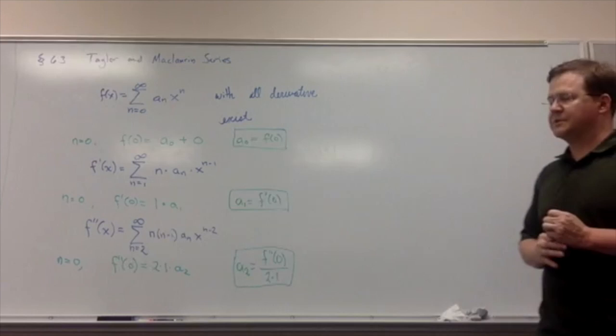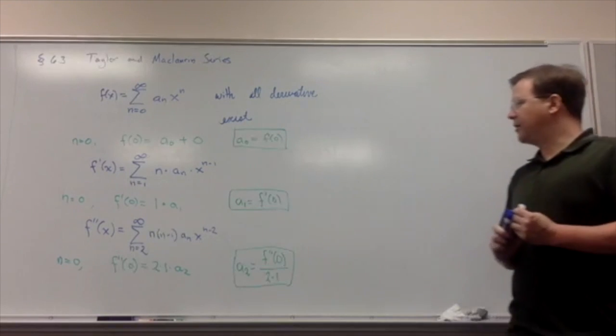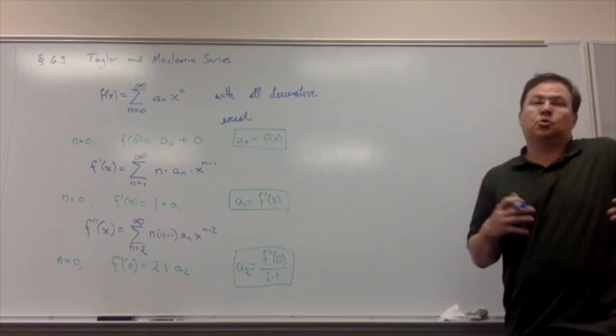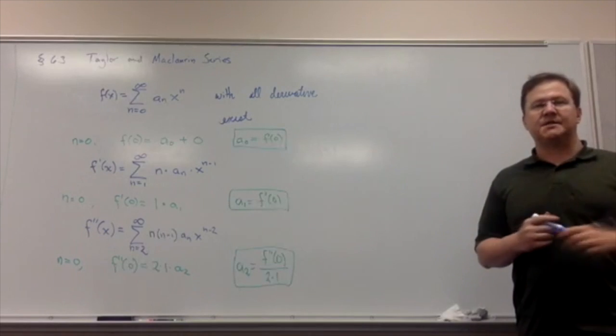I'll do one more step just to make the pattern clear. I think it'll jump out at us a little quicker after having looked at the last example more thoroughly.